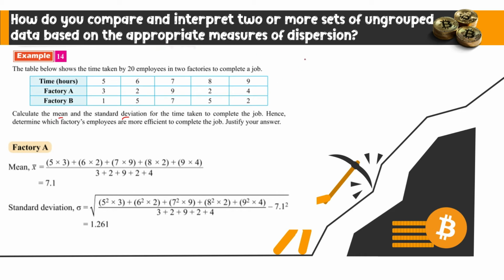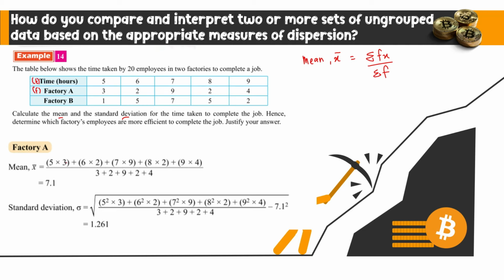So if it is like this, you do the mean formula, which is the sum of fx over sum of f, if you are given a tabulation. So this one is frequency, below here is frequency. This one is time. So you just multiply everything.